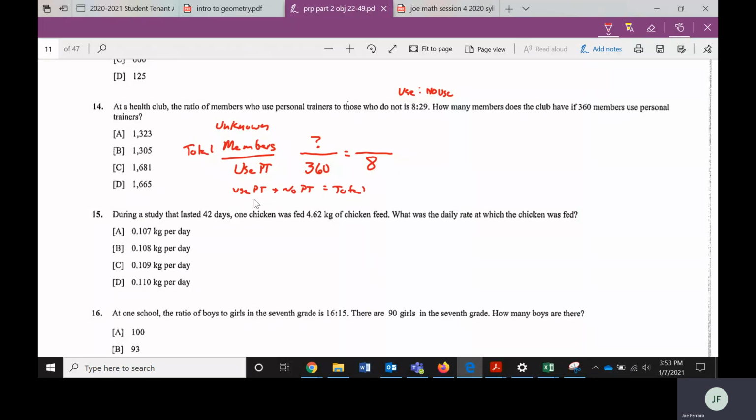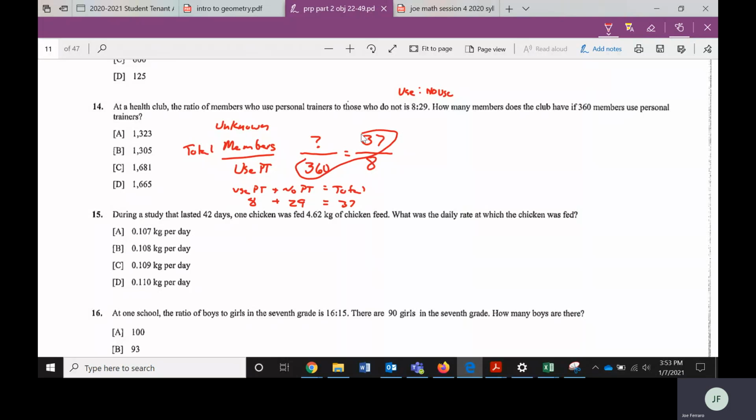So in our known pair, we have 8 that use. We have 29 that do not. That adds up to 37 total. So that is the known pair part of the total number of people. Okay, now again, that's the hard part.